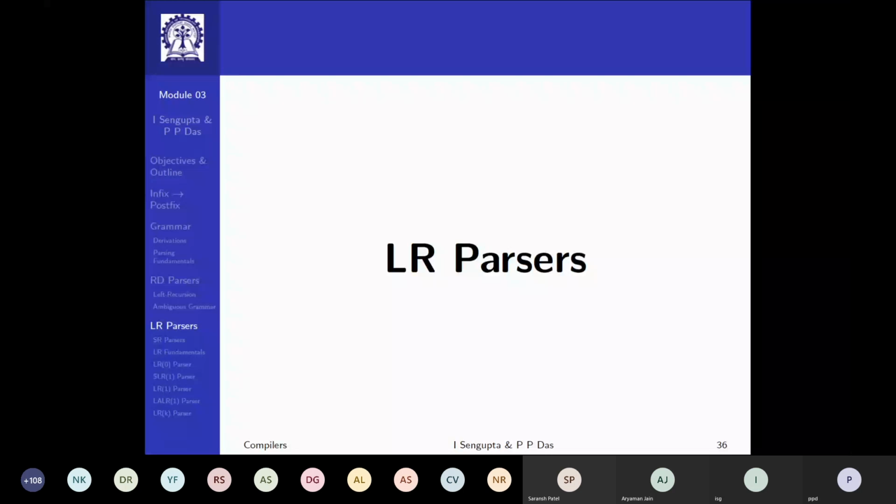Second, whether we do top down or bottom up, at the end of the day, if it is recognizing the language of a context-free grammar, then whatever we generate must be a DPDA, a deterministic pushdown automaton.